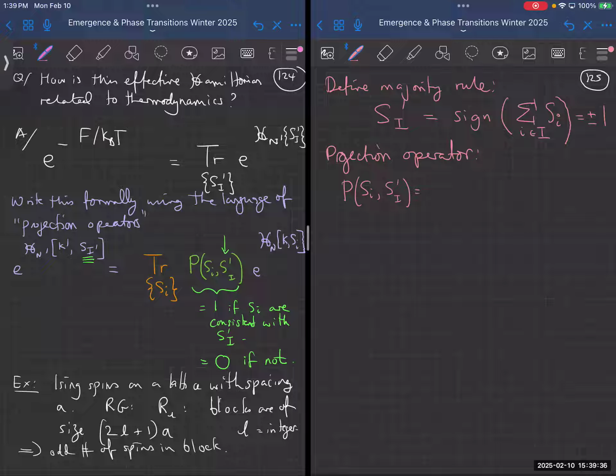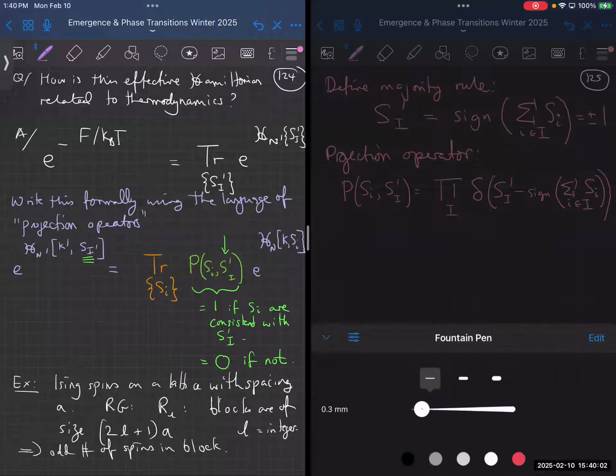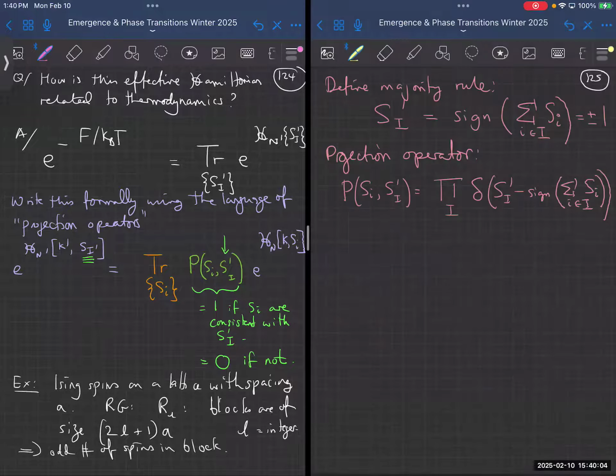I define a delta function of Si prime minus the sign of the sum of Si over i in the big block I, and then I take the product of this over all the blocks. This delta function is a Kronecker delta.